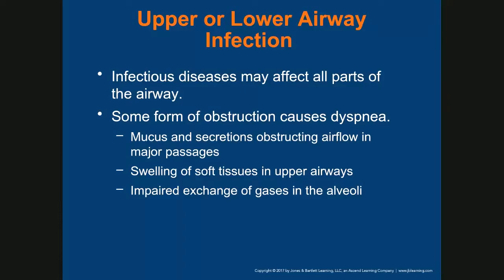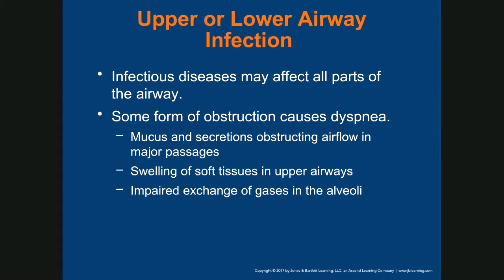So you need to separate them. Some form of obstruction causes dyspnea, mucus and secretions obstructing airflow in major passages. Swelling of soft tissues in the airway can occur. This can cause impaired exchange of gas in the alveoli.